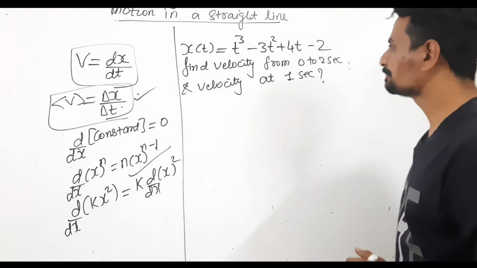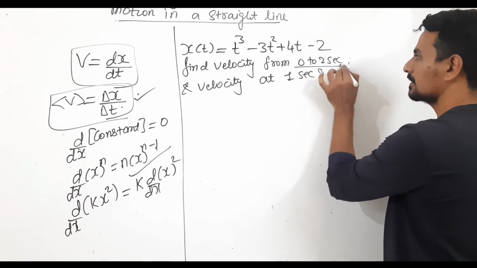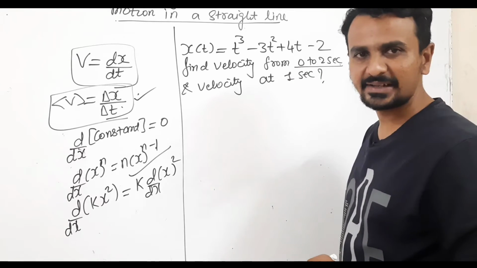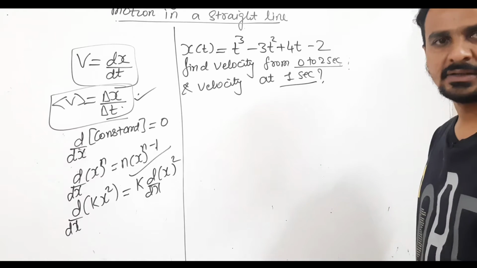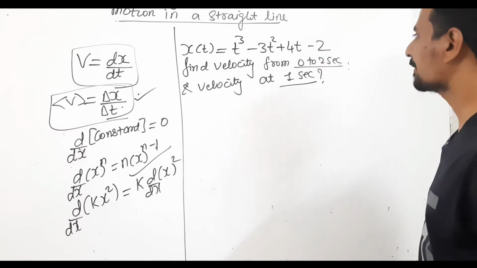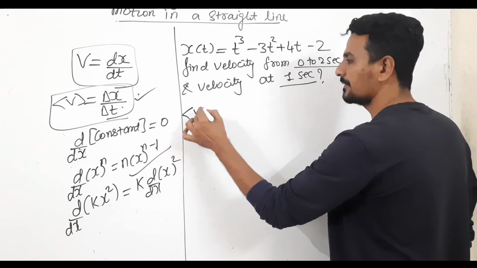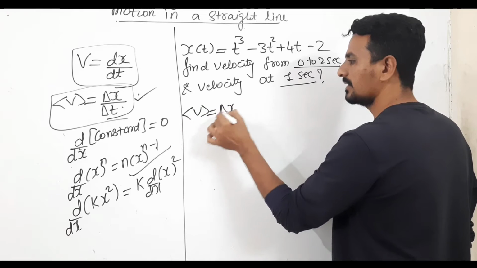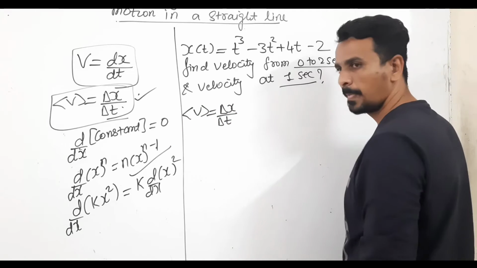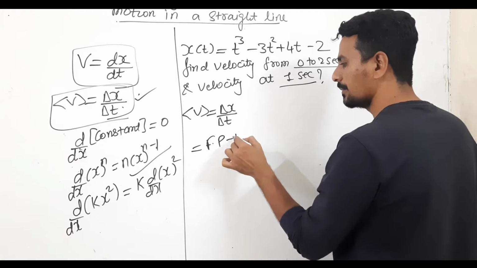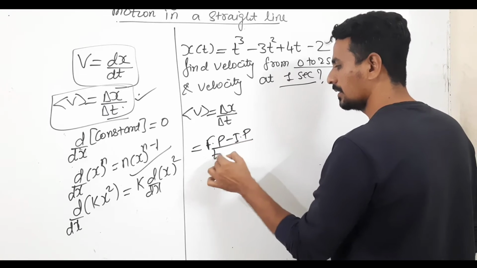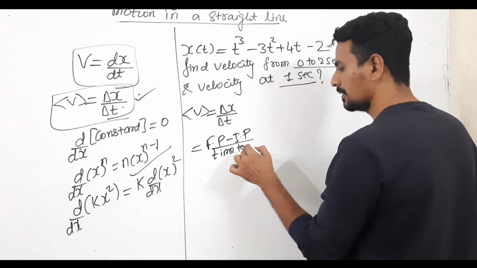That means this is average velocity between 2 instants of time, and this is instantaneous velocity. See how to calculate average velocity. What is the definition? V is delta x by delta t. Delta x means displacement, that is final position minus initial position, divided by time taken.